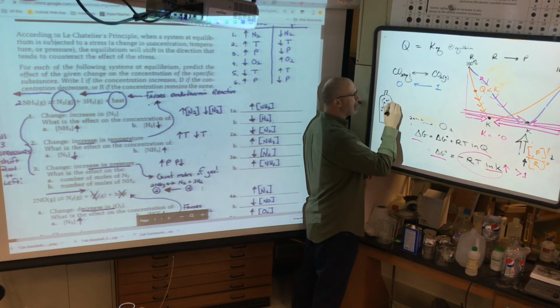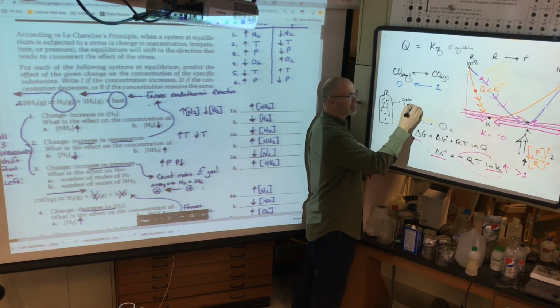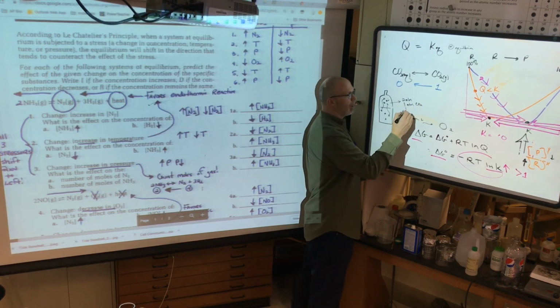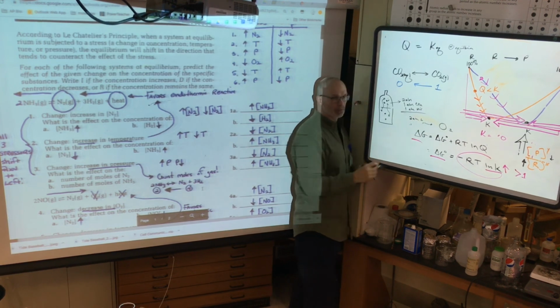So now in here, there are 2 atm. Now one of those atm, let's pretend, is CO2. The other atm is what? Air that I added, correct? For a total of 2.